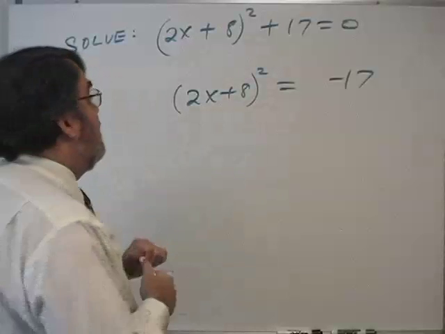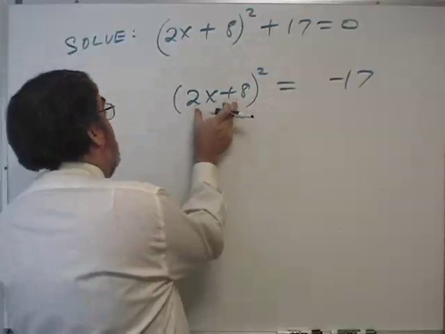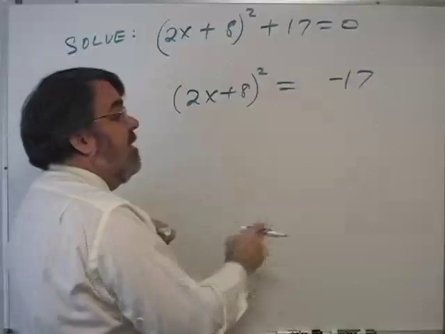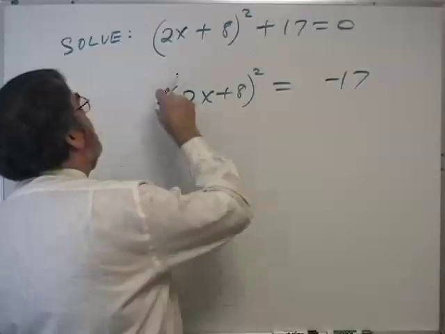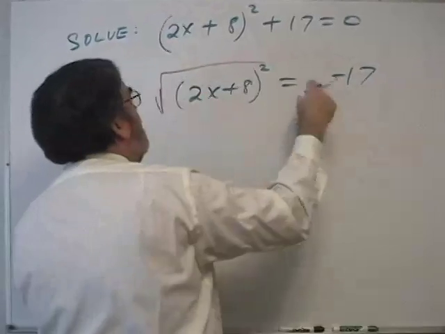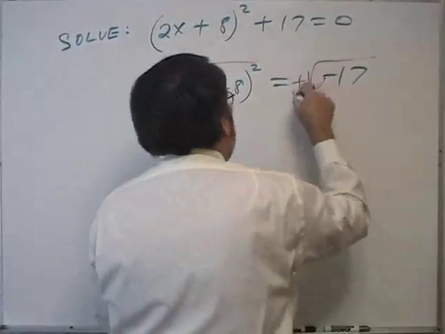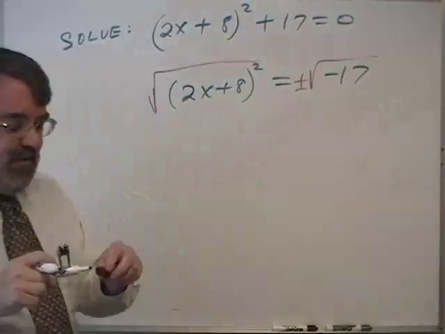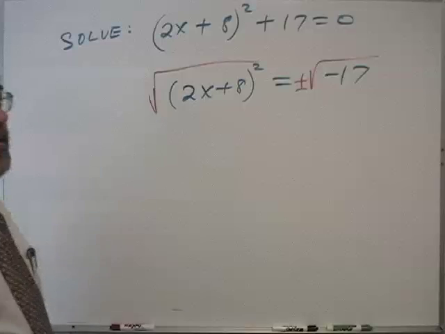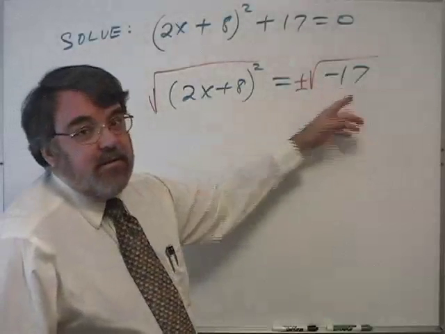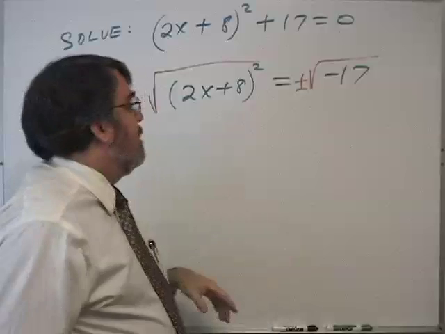Because we have a variable term which is squared, equals a number, no variable on the right side, I take the square root of both sides, putting in the plus or minus sign to account for two possible answers. And now we have the square root of a negative, so that introduces a complex number.